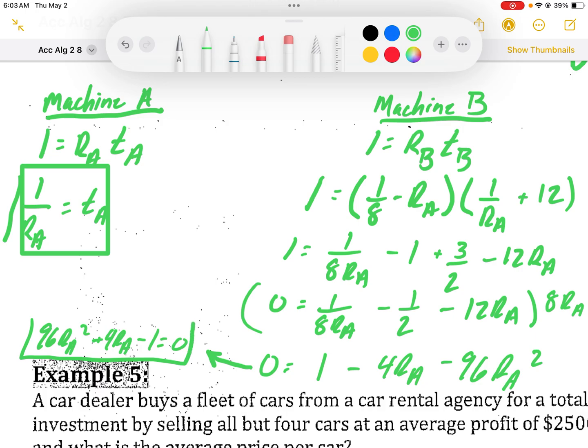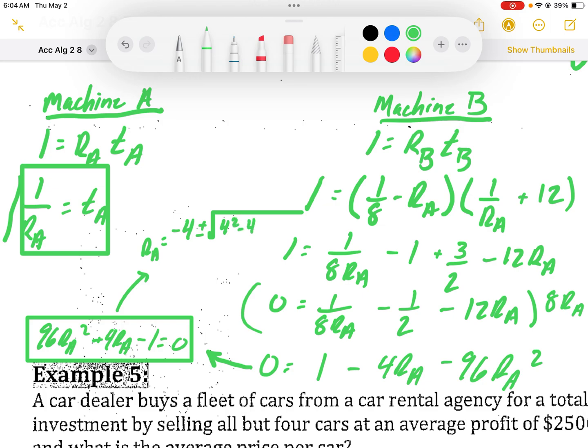Now, if I go ahead and use my quadratic formula on that, I'll get RA is equal to negative 4 plus or minus the square root of 4 squared minus 4 times 96 times negative 1, all over 2 times 96.